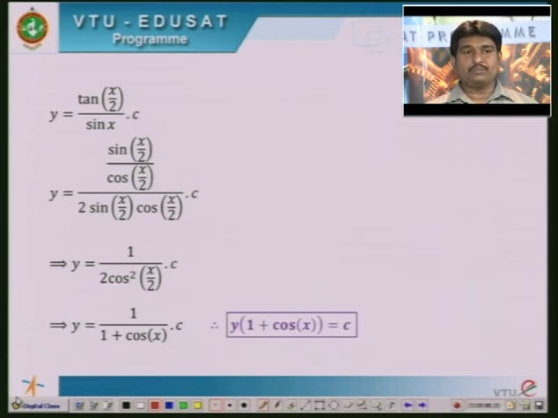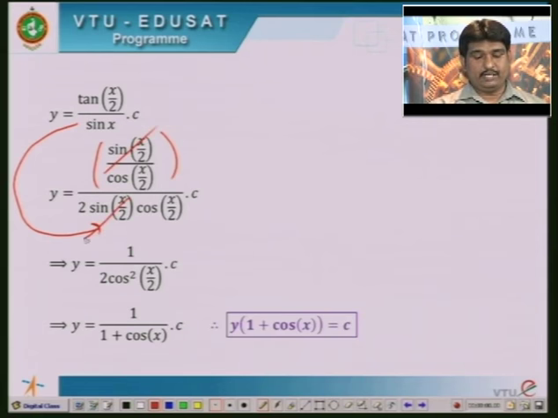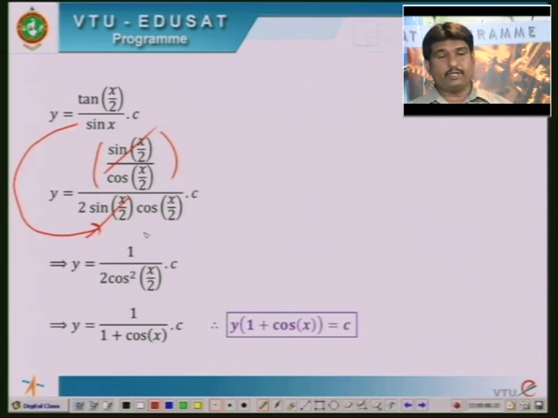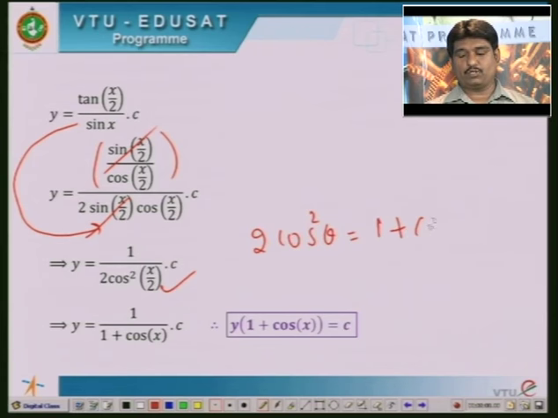You can write tan(x/2) as sin(x/2) / cos(x/2), and this sin x can be written by the submultiple formula as 2 sin(x/2) cos(x/2). You just cancel this sin and take cos to the denominator. It becomes 1 / (2 cos²(x/2)), and you know that 2 cos² θ = 1 + cos 2θ.